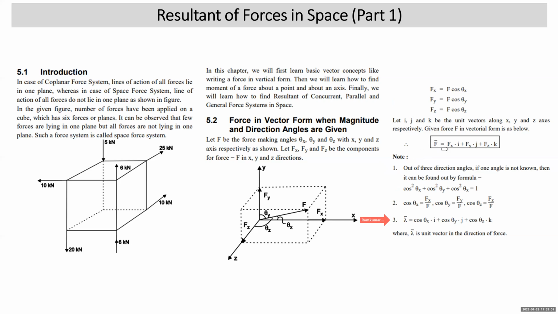So if I divide by the magnitude, the unit vector in the direction of force will be Fx upon F i, Fy upon F j, and Fz upon F k. Fx upon F is nothing but cos theta x, Fy upon F is cos theta y, and Fz upon F is cos theta z. So the unit vector in the direction of force is cos theta x i plus cos theta y j plus cos theta z k. This is the unit vector in the direction of force.